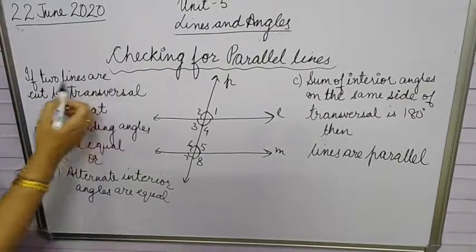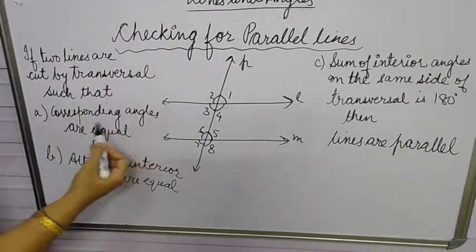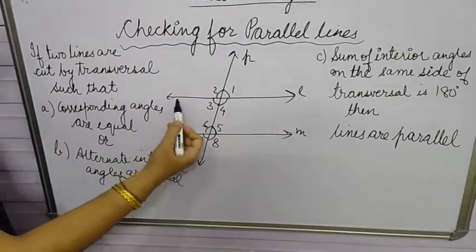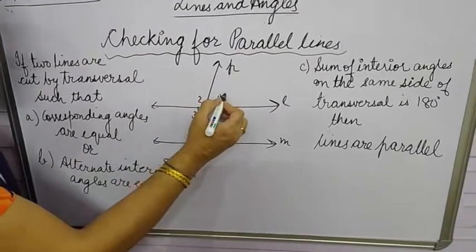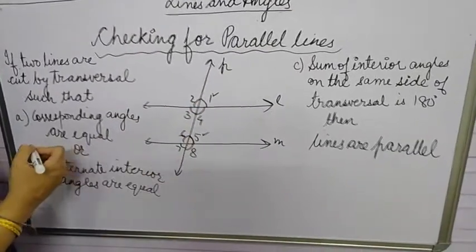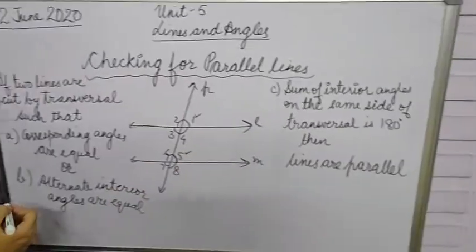If two lines are cut by a transversal such that corresponding angles are equal, if a transversal cuts two lines in such a way that any one pair of corresponding angles is equal, then we can say that lines are parallel.